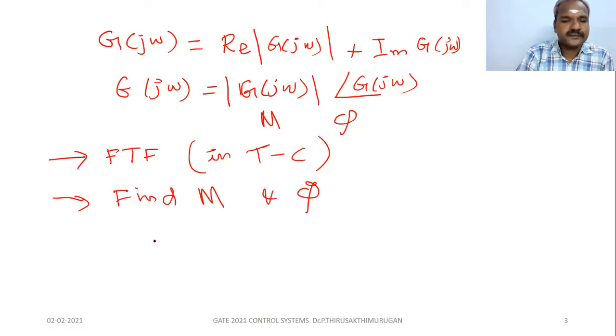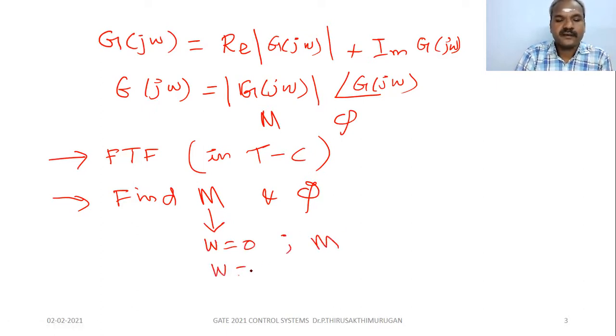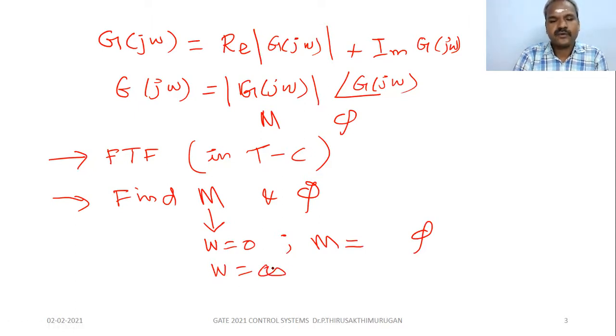Then substitute omega equal to 0 in both the magnitude and phase angle expressions and determine their values. Then substitute omega equal to infinity and find the magnitude value and phase angle value.